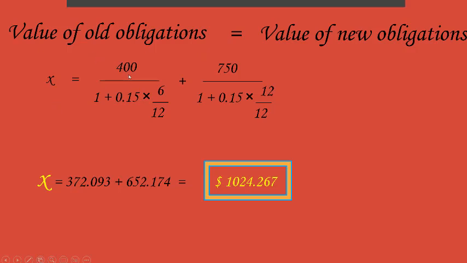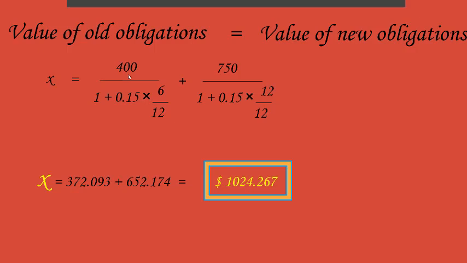To get the present value of $400, we will use the formula B equals S over 1 plus RT, where S equals $400 and R equals 15% and T equals 6 months. So we will divide 6 over 12 to get it in years.